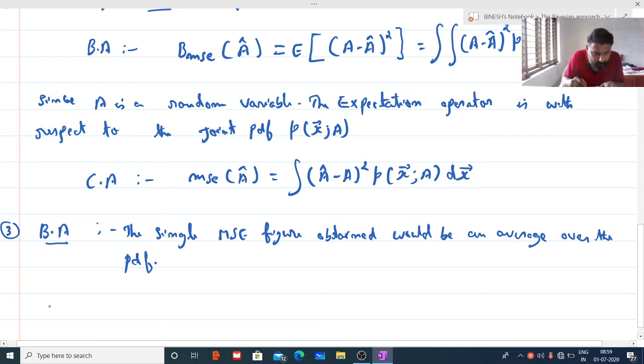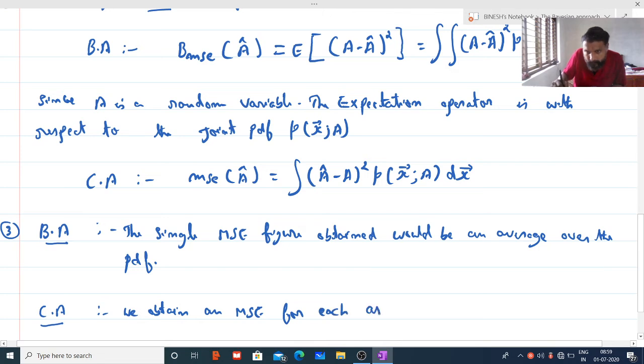Whereas in the classical approach, we obtain an MSE for each assumed value of A. That is the third point.